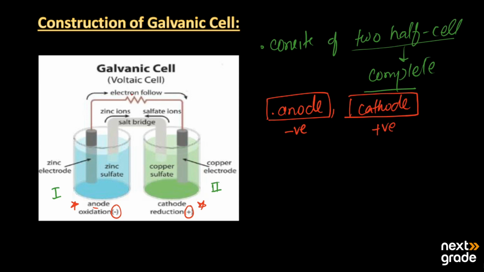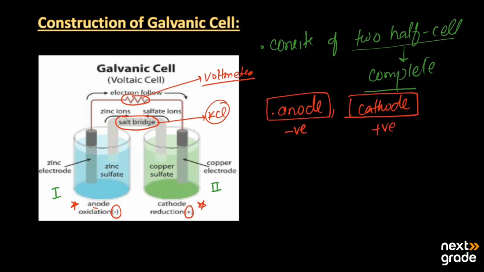Here we have the electron flow, which can be measured with the help of the voltmeter attached to it. And in the center we have the salt bridge, which contains potassium chloride as an inert substance in the form of gel, and this is used to keep the solution balanced. So this is the simple construction of the galvanic cell.